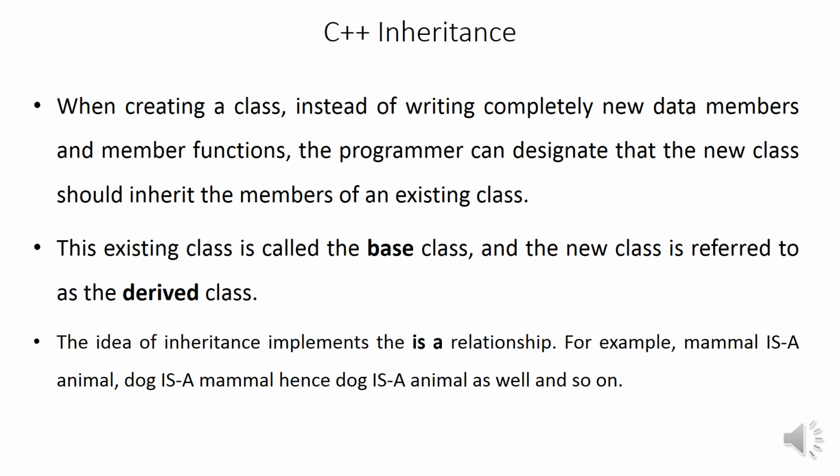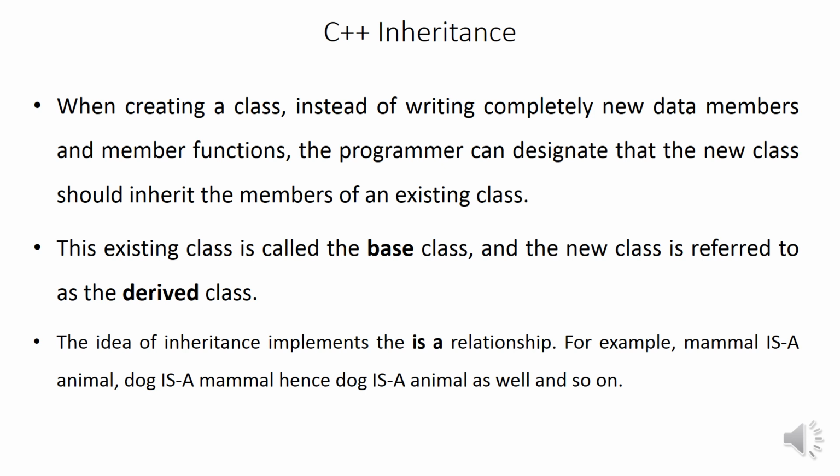So students, when creating a class, instead of writing everything again, the existing class is called the base class and the new class is referred to as a derived class. It defines a relationship, and that relationship is an is-a relationship. For example, here I take two examples.